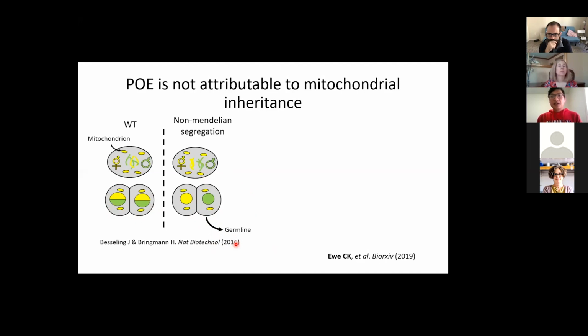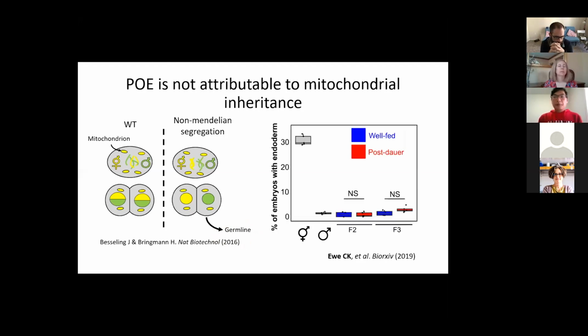If starvation causes changes in maternal mitochondria that influence the SKN-1 phenotype, we would still expect to see POE in the progeny from this mutant. However, the phenotype of the progeny that contain paternal nucleus but maternal mitochondria is indistinguishable from that of the father, regardless of nutritional status, showing that POE is not encoded in the mitochondria.